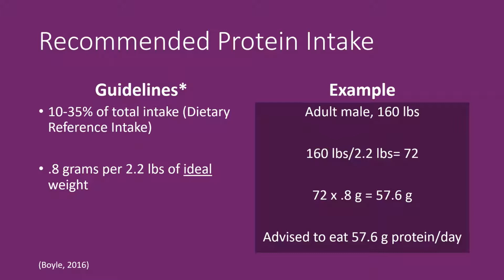The recommendation is based on ideal weight because lean body mass, not fat, requires protein. In this example, an adult male whose ideal weight is 160 pounds should be eating approximately 57.6 grams of protein a day.